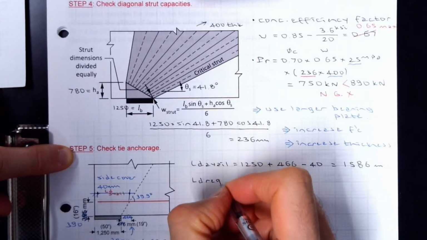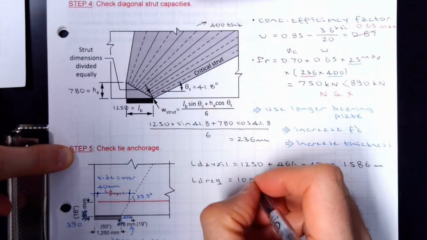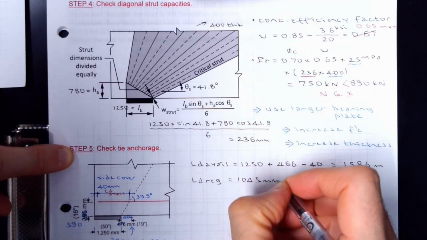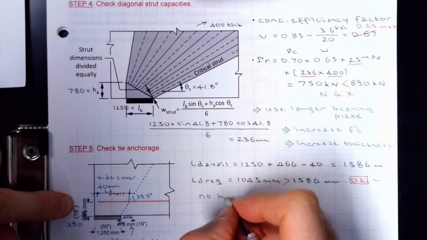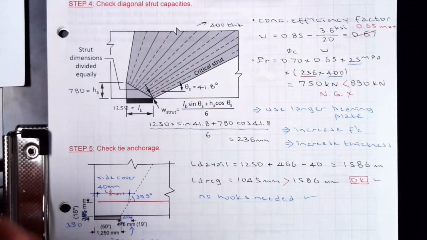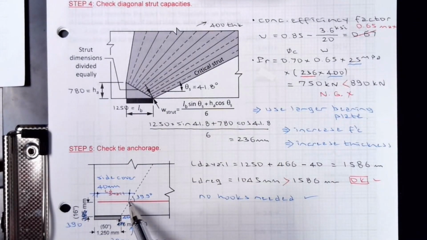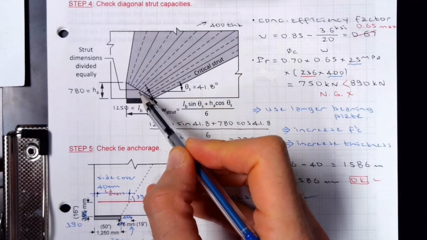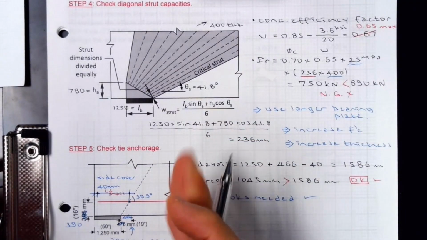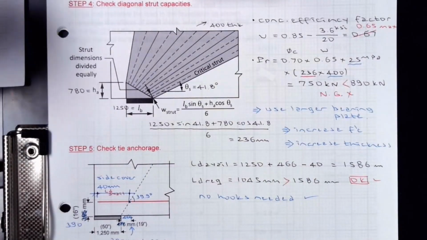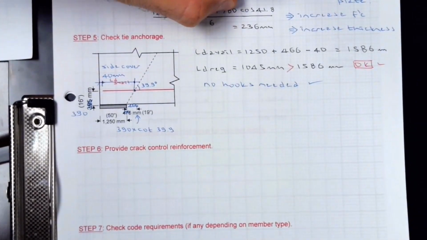Required development length for the straight bar that we are using is 1045, which is much shorter. Straight bar is good, no hooks needed. So again, I'm not checking development at the nodal centroid, but I'm always checking it at the intersection, at the edge, because compression is anchoring it. Compression is always beneficial, and it's going to be helping with anchorage.